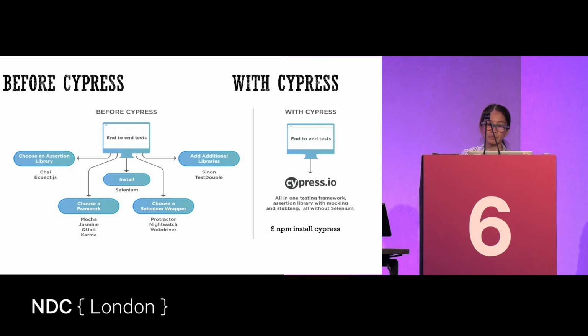So you don't need to do extra downloads. With Cypress, you can just install it with npm, and it will give you everything already. You don't need to add or maintain third-party libraries such as Chai, Jasmine, Mocha, Protractor, Nightwatch, WebDriverIO, and so on.